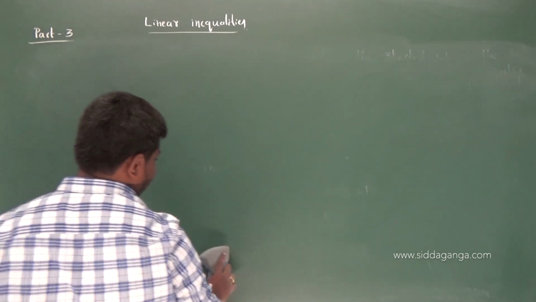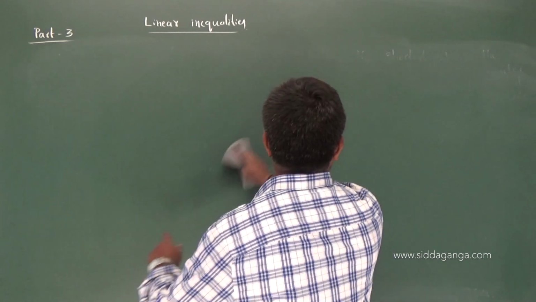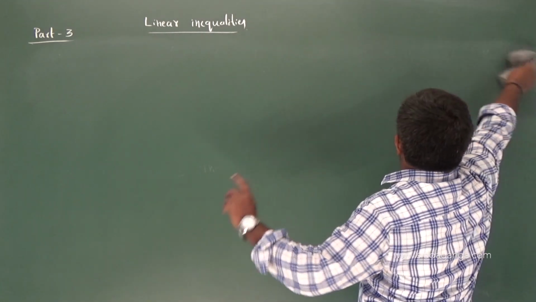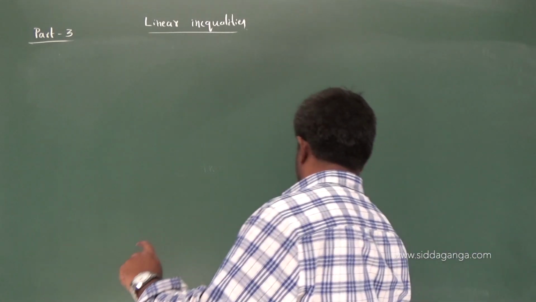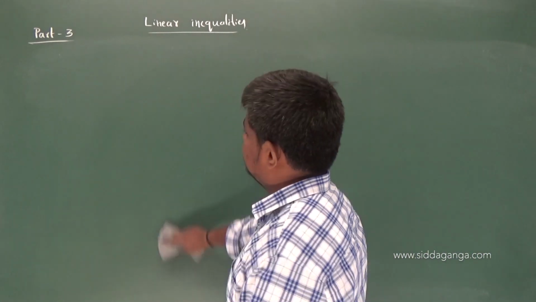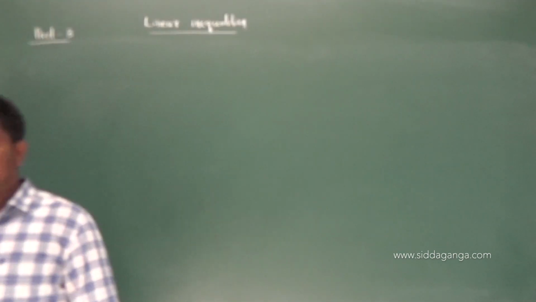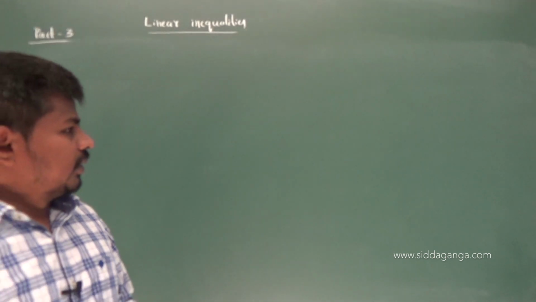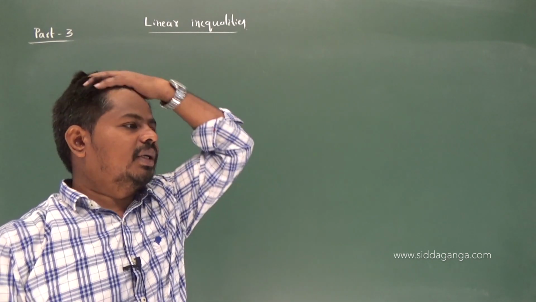What are the 4 rules we have discussed? Equal numbers can be added on both sides of the inequality. Equal numbers can be subtracted. Equal numbers can be multiplied. Equal numbers can be divided. If you multiply by a negative number, the inequality is reversed. Divide by a negative number, the inequality is reversed.